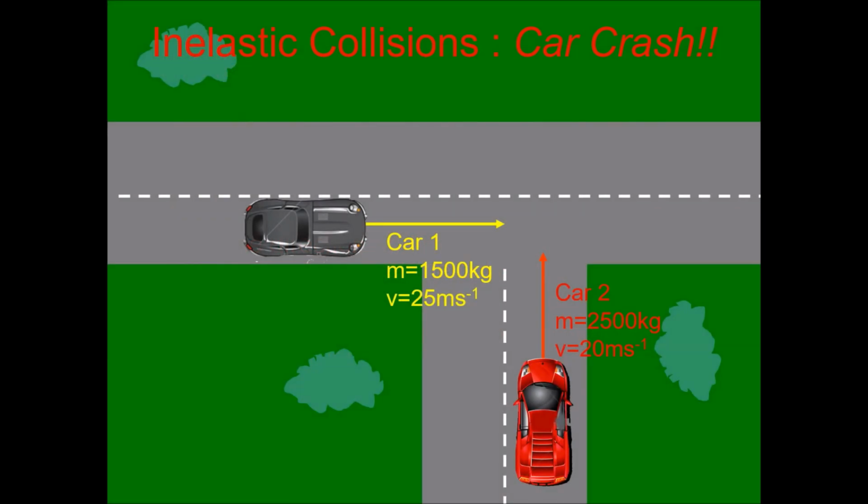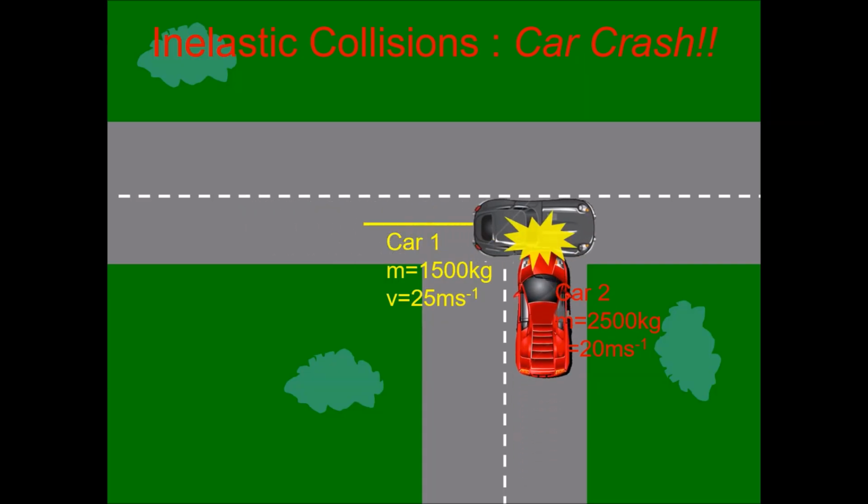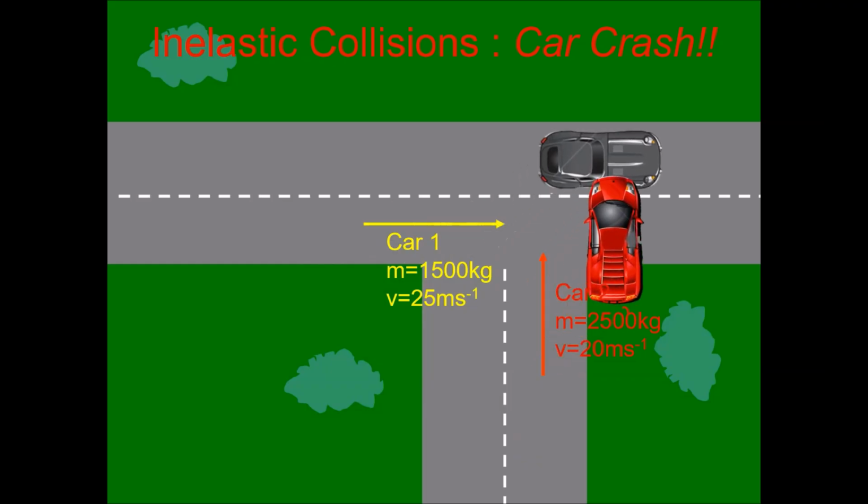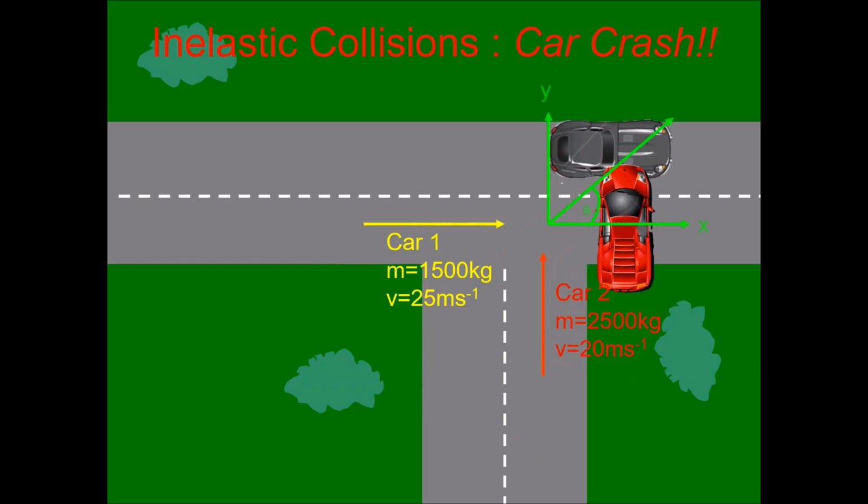So car 1 here at 1500 kilograms and 25 meters per second, and car 2 with 2500 kilograms moving at 20 meters per second. They will come together, crash. Don't worry about them spinning or anyone taking avoiding action, and they will move off at some angle theta after the crash.